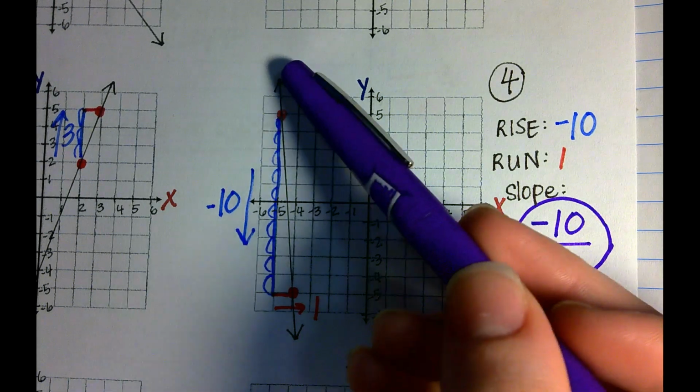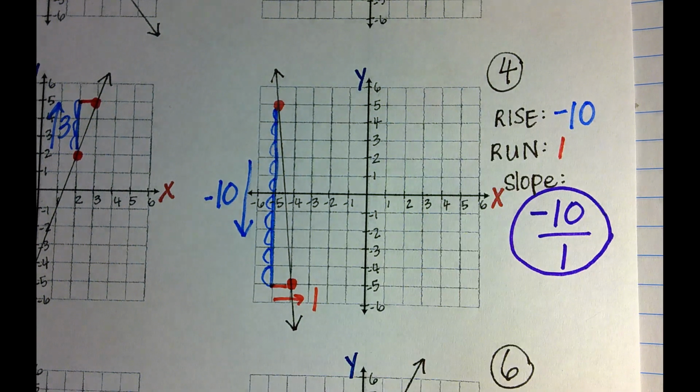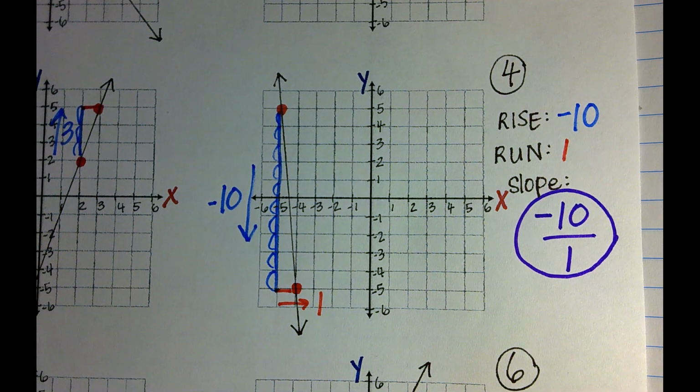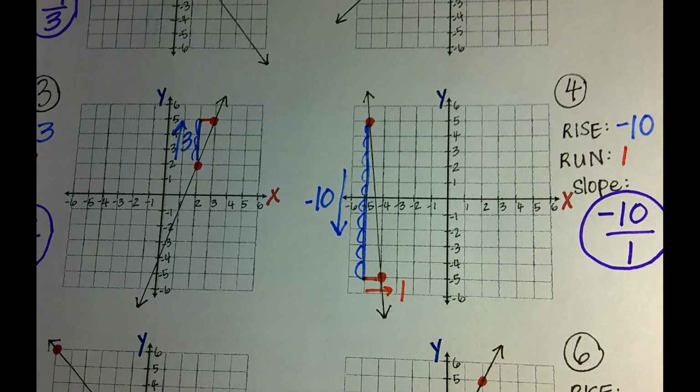And we can tell by looking at this line, since it's tilting downward, that we need to have a negative number for our slope. So if I put negative 1 for my run and negative 10, that would not give us the correct answer. We just need one of our numbers to be negative.